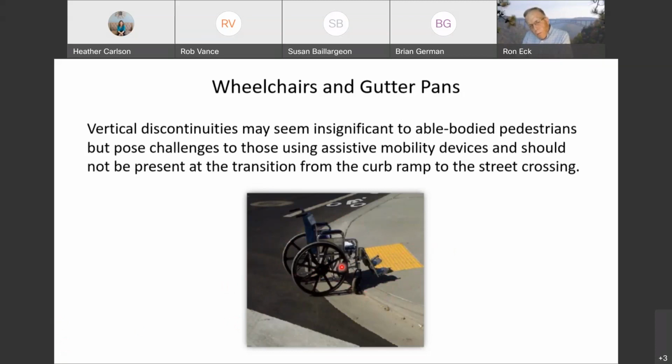But then the small front wheels of that chair have struck the lip here, and you can see they go sideways and the chair will come to an abrupt stop. And it does happen, sadly, that people are actually catapulted out of the chair onto the pavement and can sustain serious injury. So having that flush transition from the curb ramp to the street is especially important.